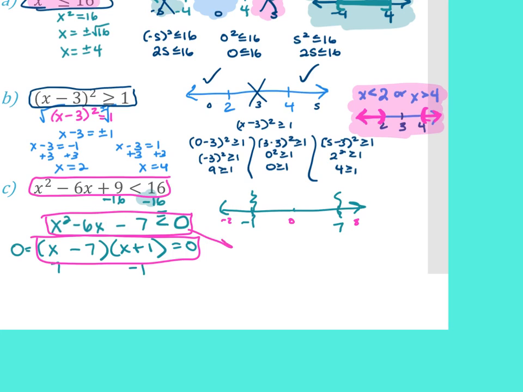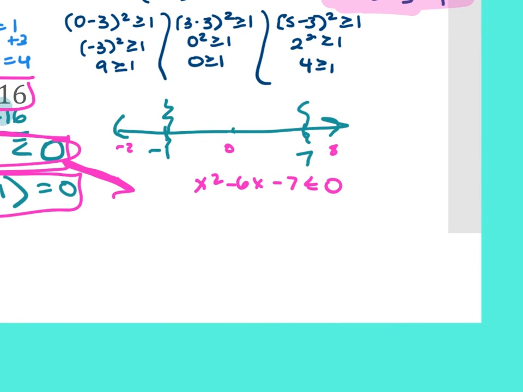I usually pick the one that's already like everything's moved over to one side so that 0 is the only thing left. You can plug it into any of those spaces. So I'm going to use this one. x squared minus 6x minus 7 is less than or equal to 0. And I'm going to plug negative 2 in.